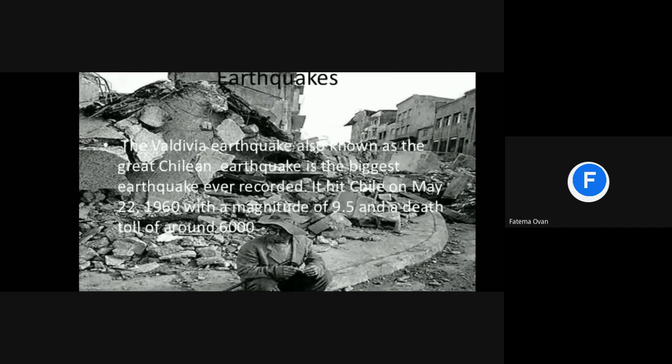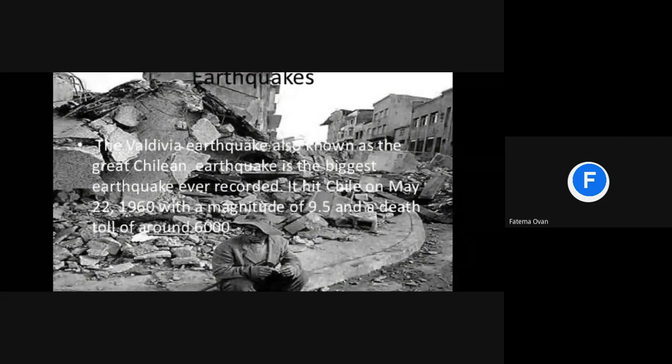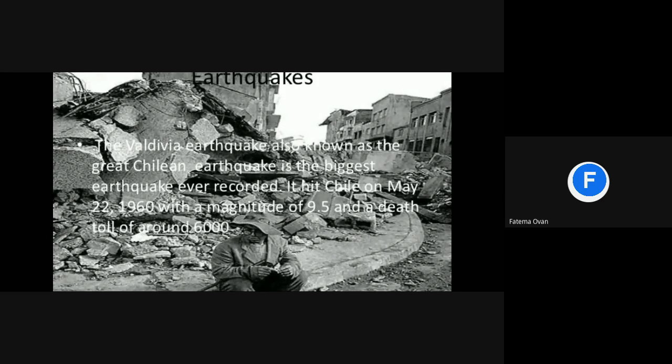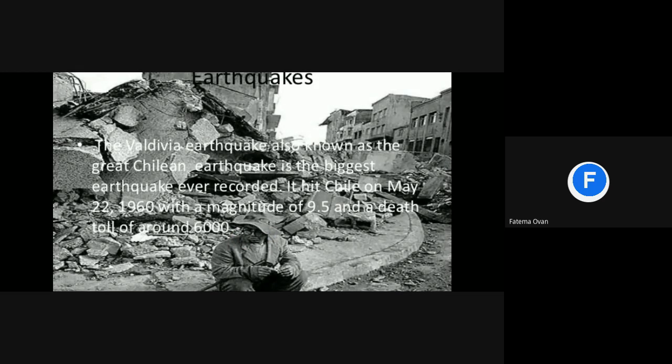The Valdivia earthquake, also known as the Great Chilean earthquake, is the biggest earthquake ever recorded. It hit Chile on May 22, 1960, with a magnitude of 9.5 and a death toll of around 6,000.